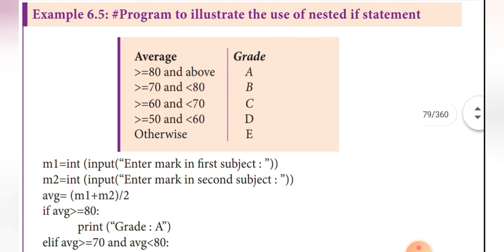The conditions are given when you get grade A, B, C, D, E, that's all. So we just apply these conditions in the programming language. How can we apply them? By writing the if statement, which is used to check the condition.